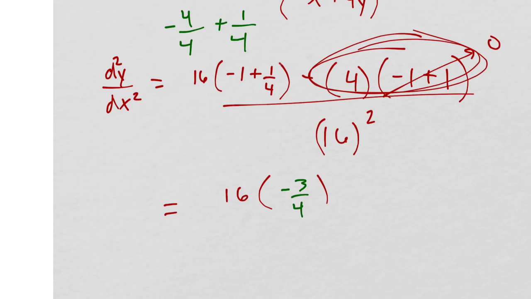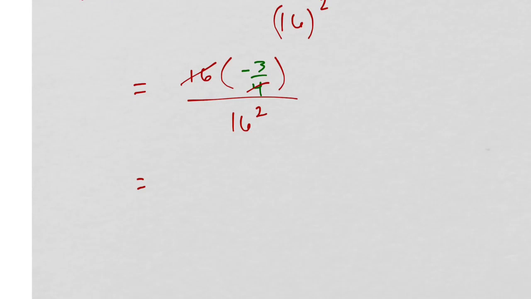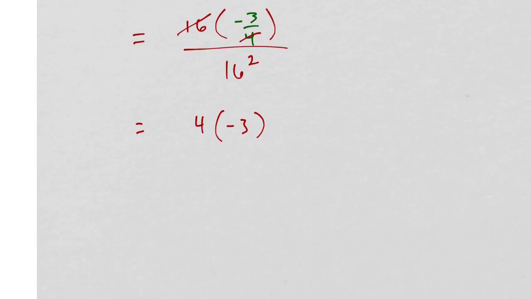And then I have the 16 squared here, right? The 16 I can reduce with the 4, divide both by 4, and I just get 4 times negative 3, which is negative 12, and 16 squared on the bottom.